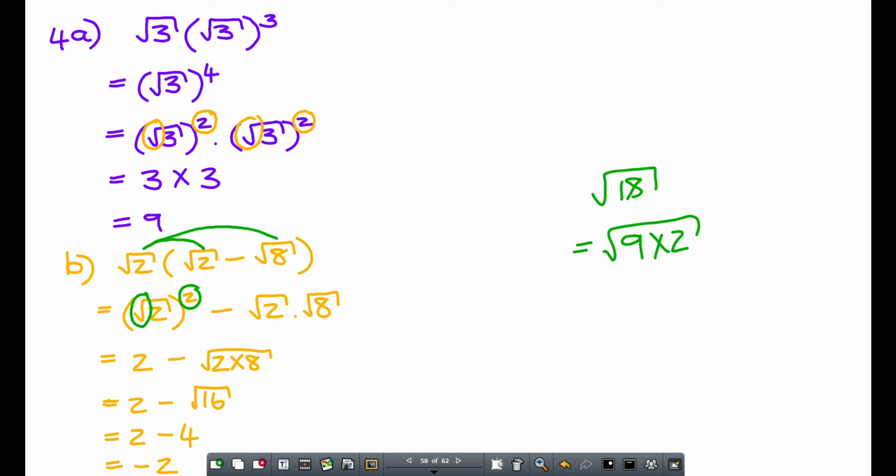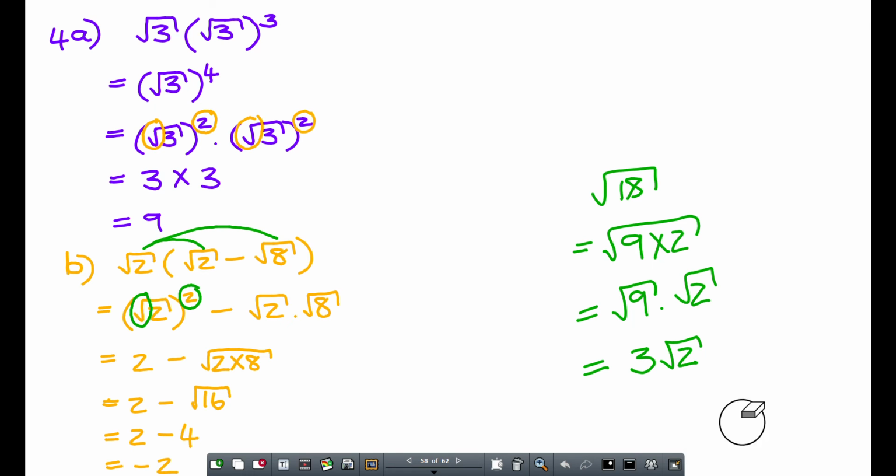And when there's a division or multiplication sign inside a root, I am allowed to break that up and say that's the same as square root 9 times square root 2. And square root 9 would be 3, and then times the square root 2. Okay, so you get that part.